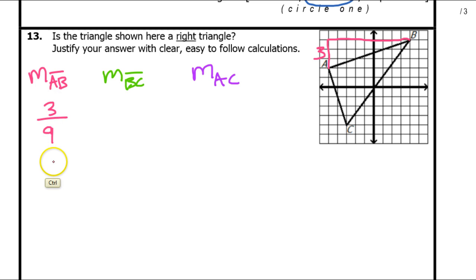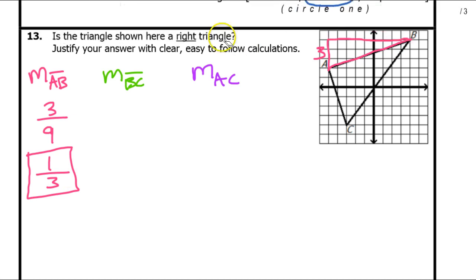Now 3 goes into 9 evenly, so this is going to reduce down to 1/3. So this is the slope of segment AB. I always like to double check that I have the correct sign. I have this as positive 1/3, and I notice that segment AB from left to right is going uphill, so it should be positive, so that sounds good.